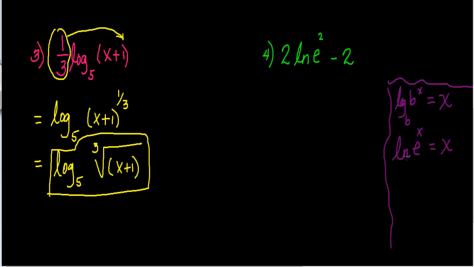So whenever I have a natural log of e, that is going to equal whatever the exponent is. So in this case here, this expression is equal to 2. And 2 times 2 is 4, and 4 minus 2, this is going to equal 2.